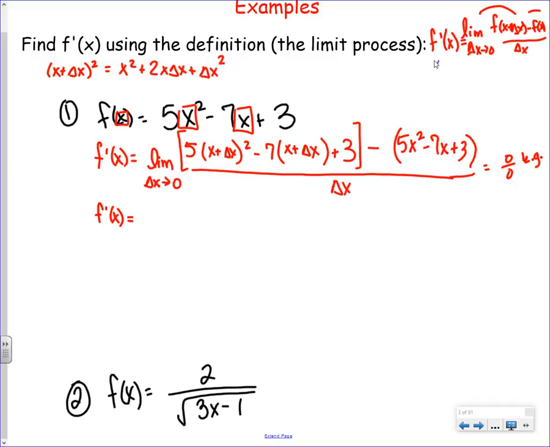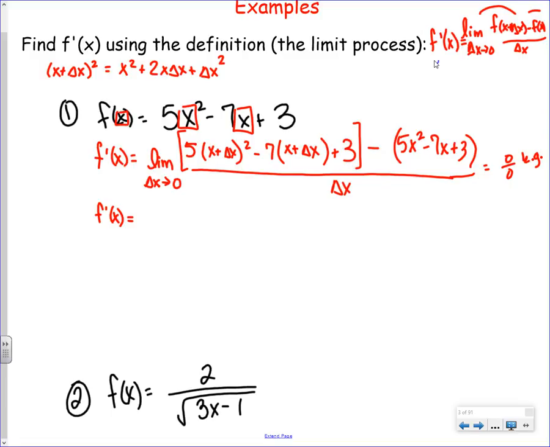As you're writing and getting ready, remember, (x + Δx)² is the same thing as (x + Δx) times (x + Δx). True? That's how we don't kill puppies. Think about it as it times itself.